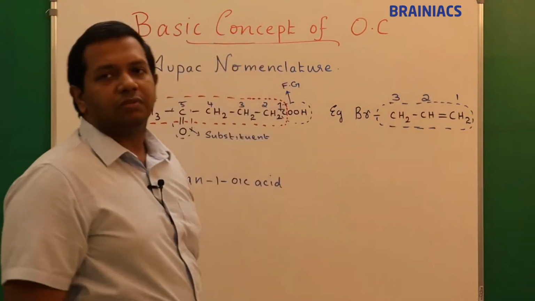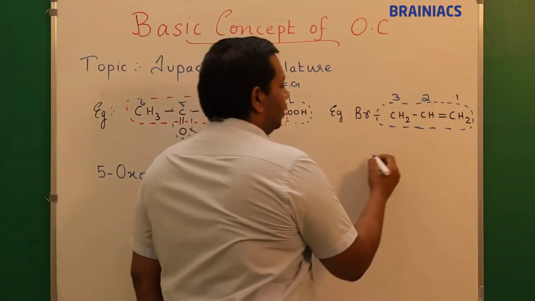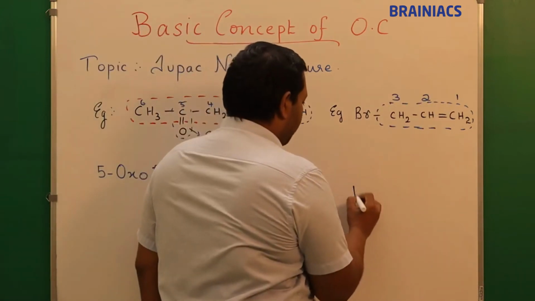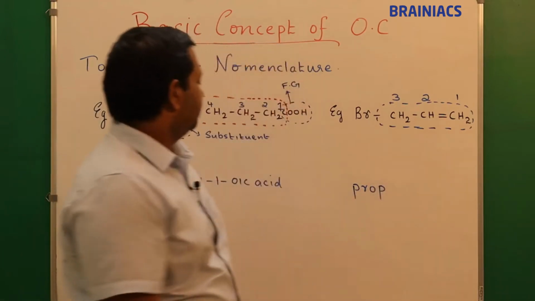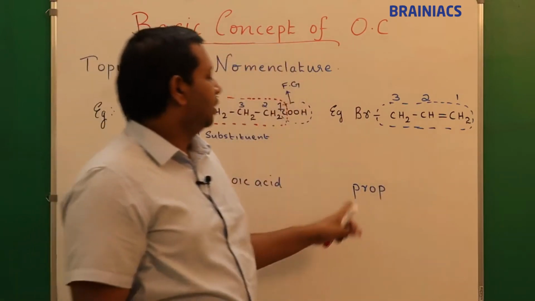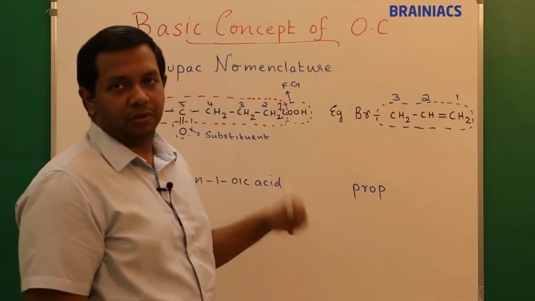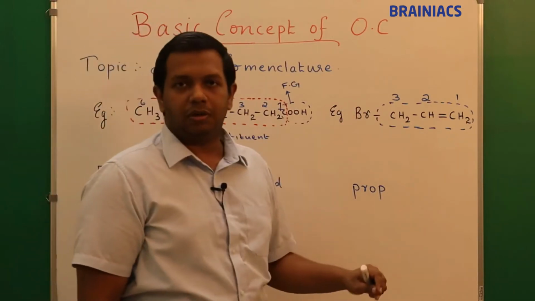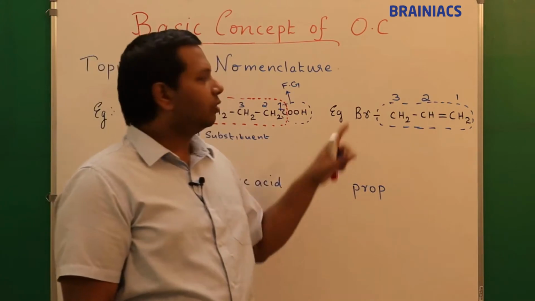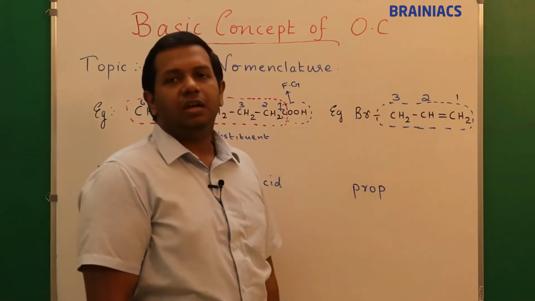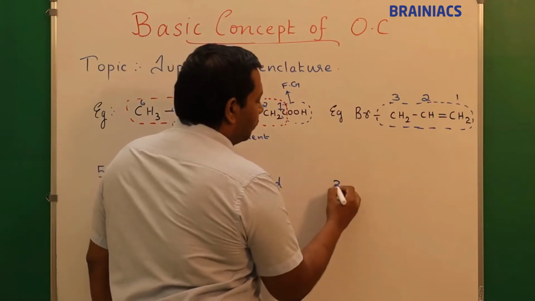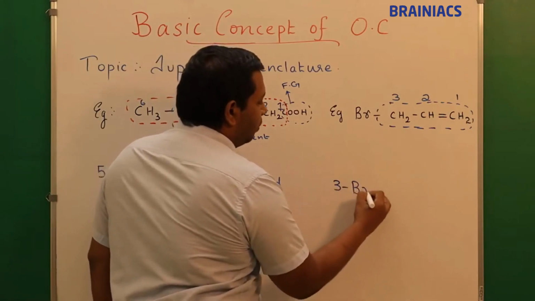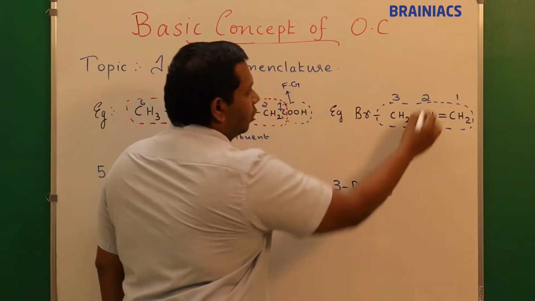Now first we will put the word root. 3 carbon atoms are there, so we will use the term, okay, prop. And we know that primary prefix will not come because it is not a cyclo compound. Secondary prefix will come because there is a substituent at position 3. So I can write 3-bromo, word root prop.